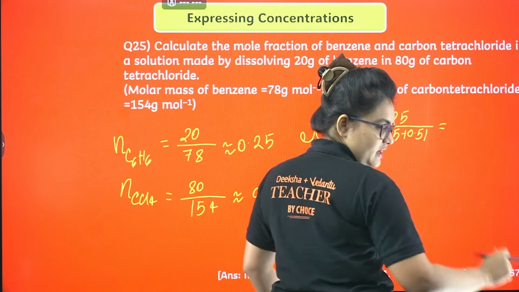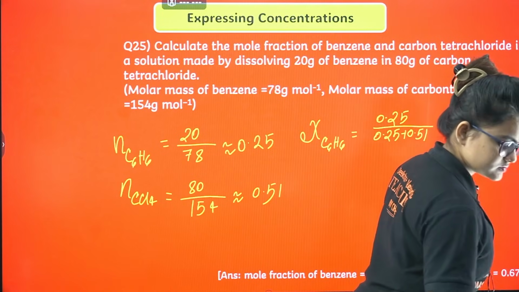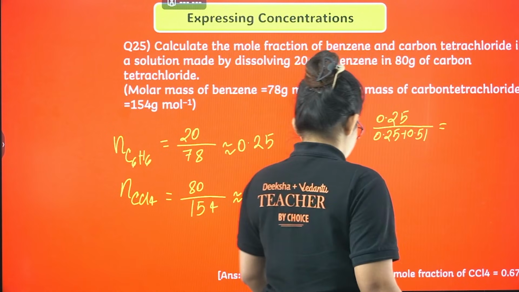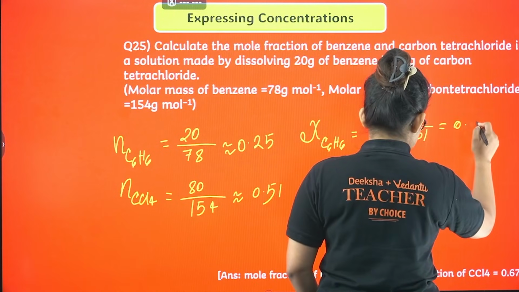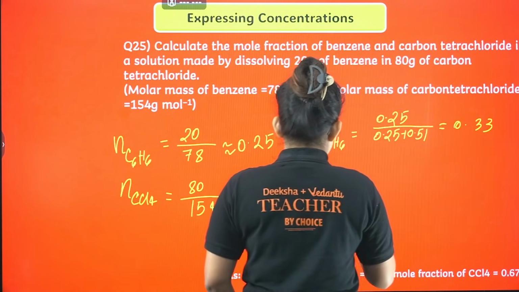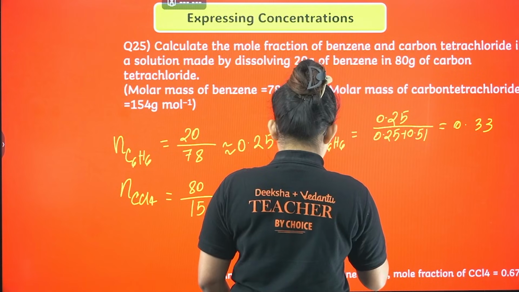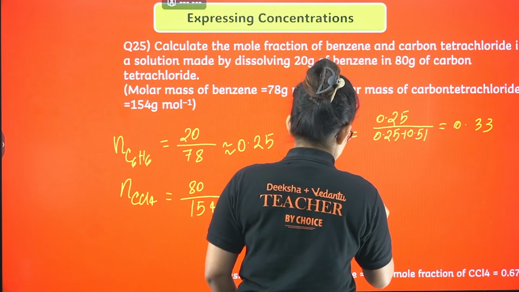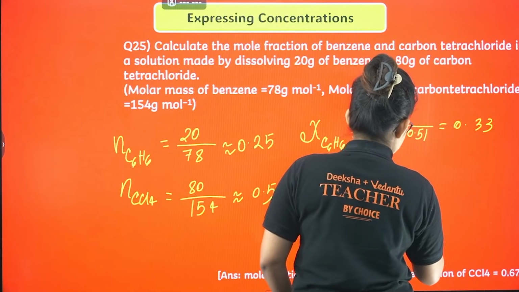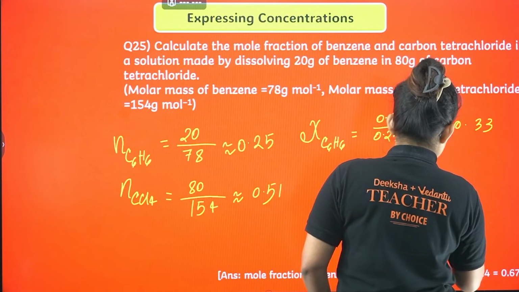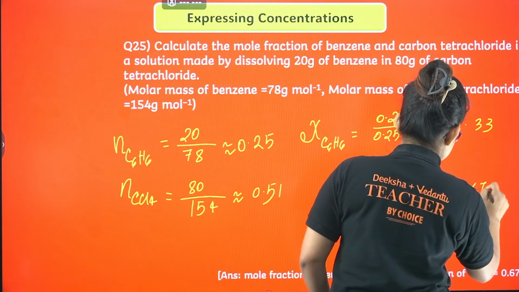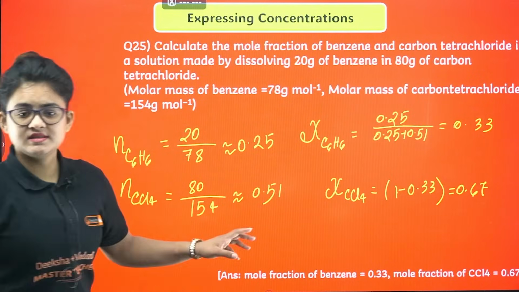If you calculate this, your answer will be about 0.33. Similarly, the mole fraction of CCl4 is 1 minus 0.33, which is 0.67. I guess this is clear.